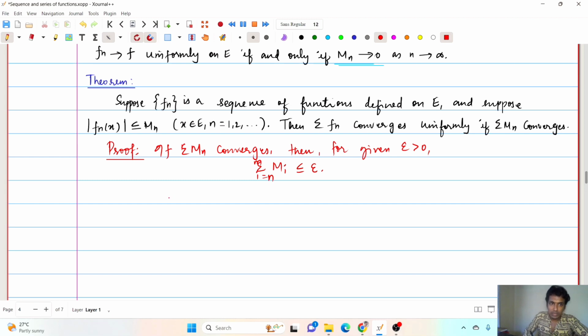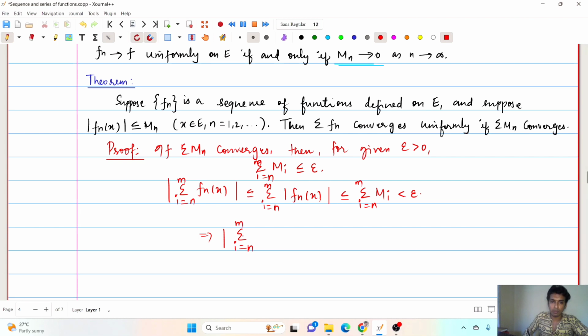Here, what is summation i running from n to m fi of x? Absolute of this quantity is less than or equal to summation i running from n to m absolute of fi of x, and each of these values is smaller than or equals Mi, which is given to be less than epsilon. So this means that absolute of summation i running from n to m fi of x is less than epsilon, right?